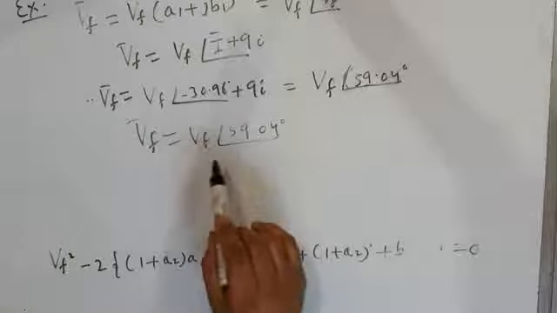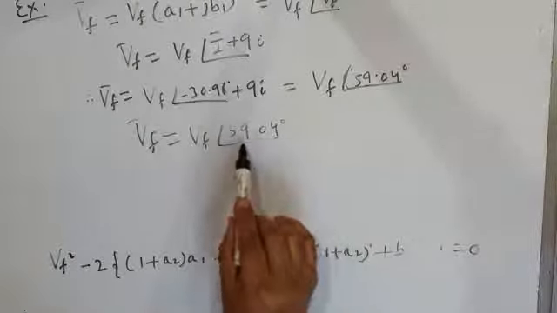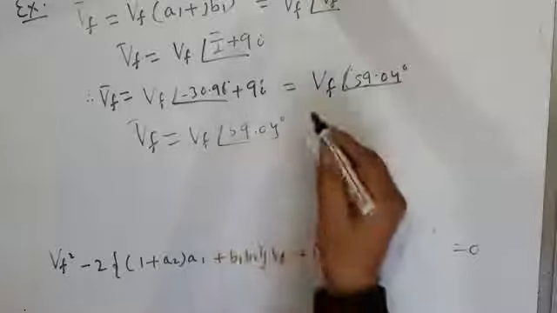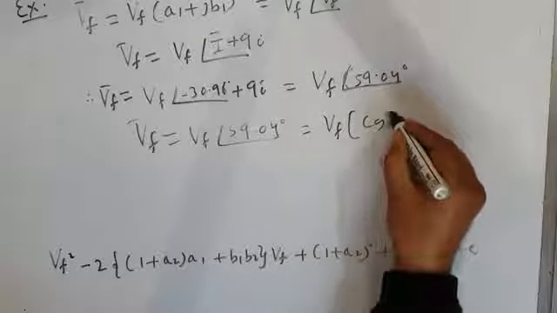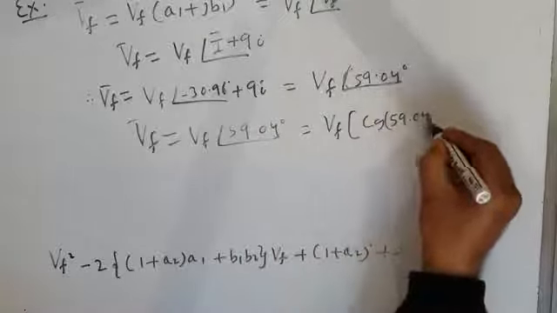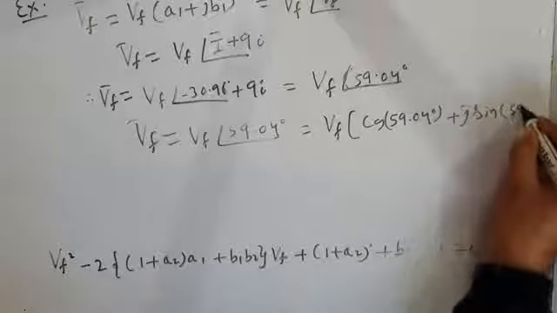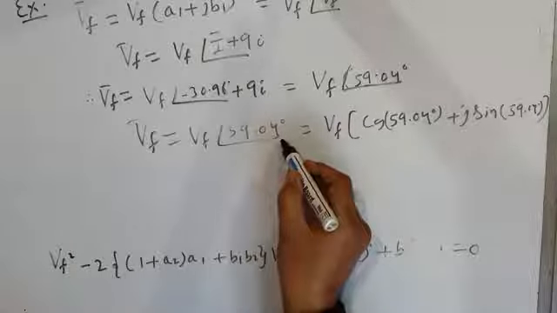Okay. Now, what does the angle 59.04 degrees mean? It means VF into cos 59.04 degrees plus j sine 59.04 degrees. This is what we mean by at an angle of 59.04 degrees.